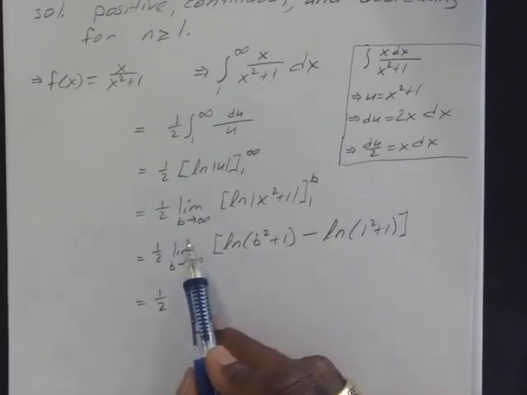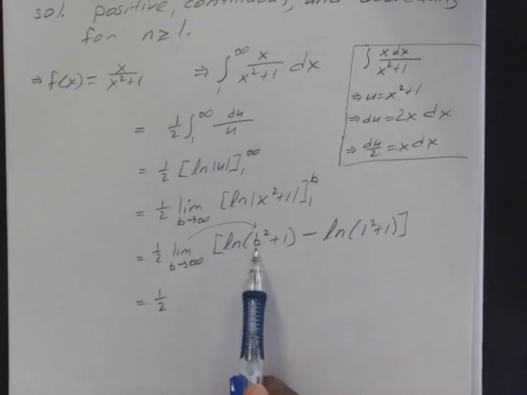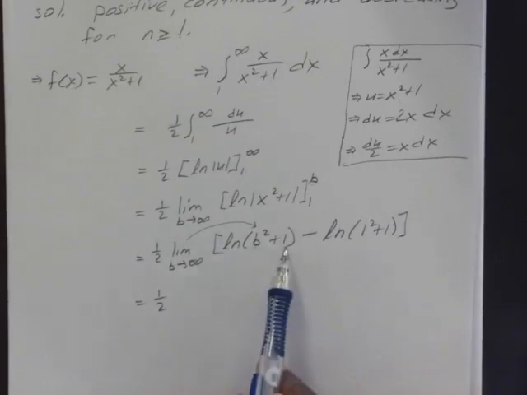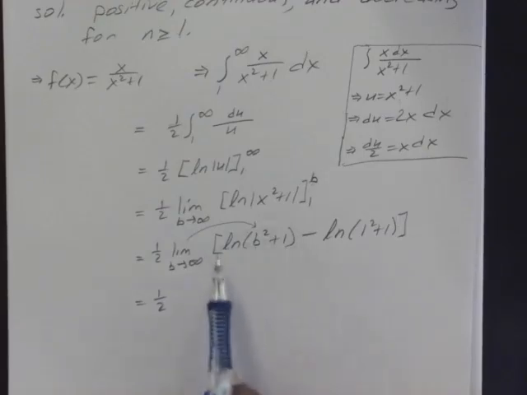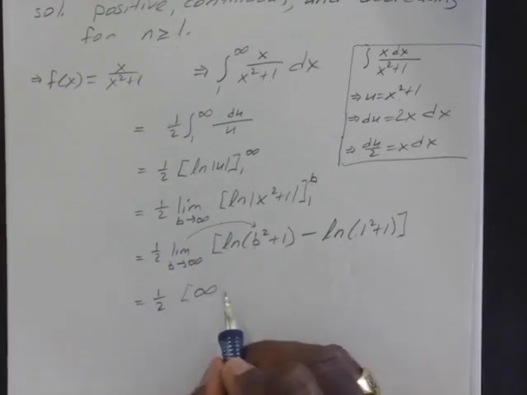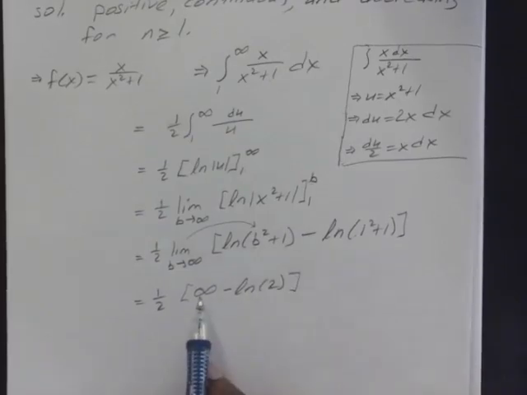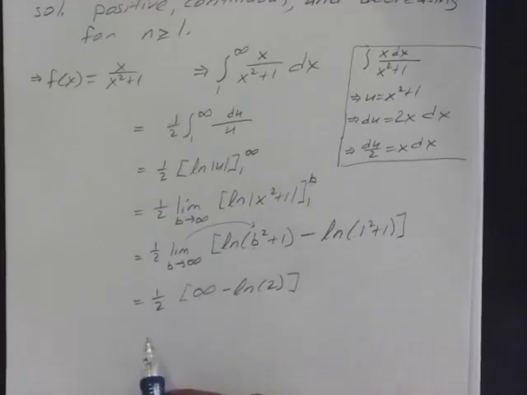If we take the limit of the first term, the natural log of a number that's getting bigger and bigger is just a number that's getting bigger and bigger. If the argument is getting bigger towards infinity, then the whole value is increasing towards infinity. So honestly, this is just infinity. And you could say this is minus natural log of 2, not that it makes a difference, because this infinity means that the whole thing goes to infinity.